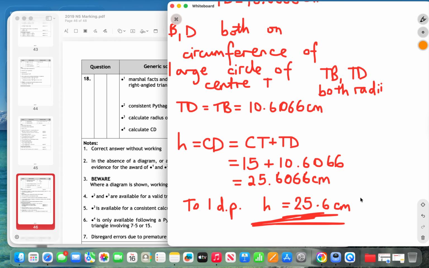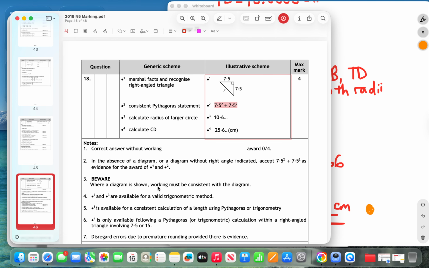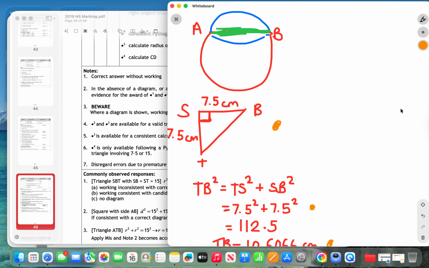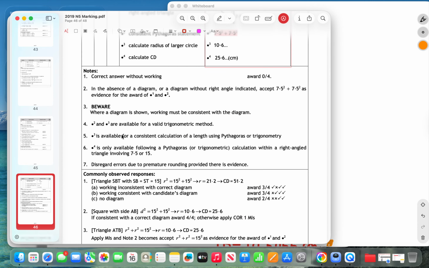The second mark would be for that. The third mark would be for getting that. And the last mark would be for the final answer. You would get no marks for doing no working in this question. So like with most questions, you want to make sure that you show that.